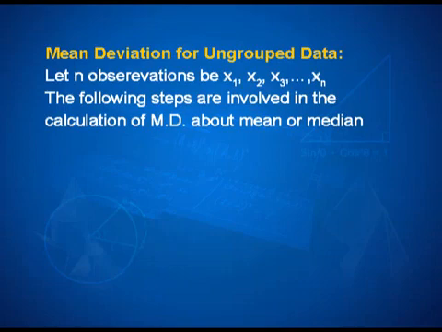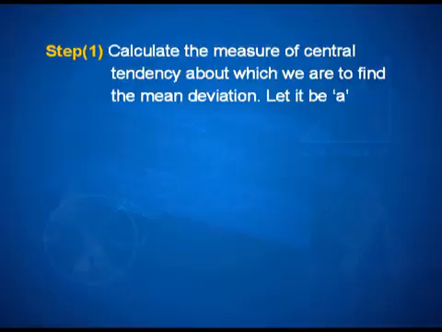Let n observations be x1, x2, x3, and so on up to xn. The following steps are involved in the calculation of mean deviation about mean or median. In step 1, we calculate the measure of central tendency about which we are to find the mean deviation.